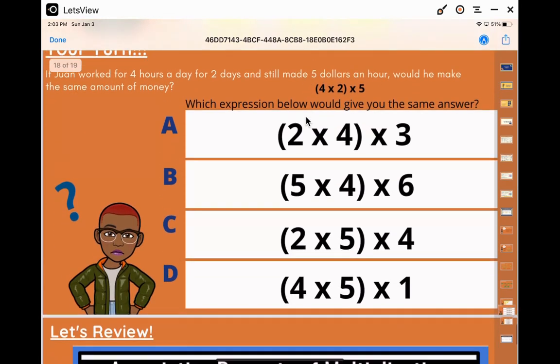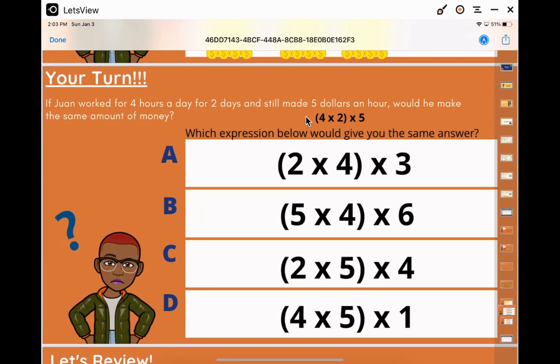Let's look at the next one. Think back to that very first question I asked you. Which expression below would give you the same answer? Take a long look and then provide your answer in the Nearpod. So remember, the associative property tells us that we can move the numbers around, not that we can change them.